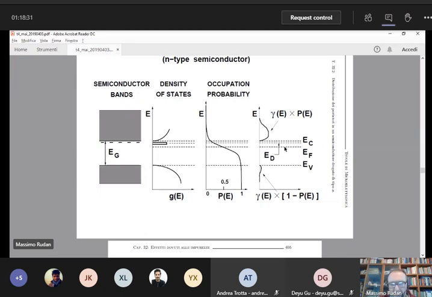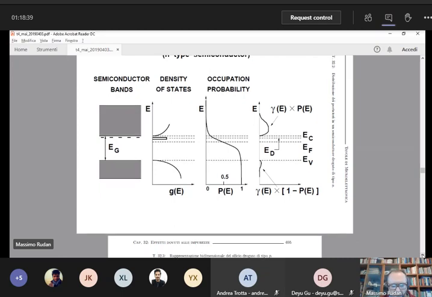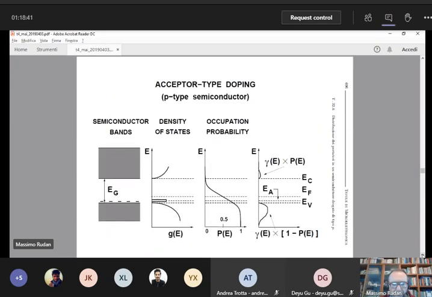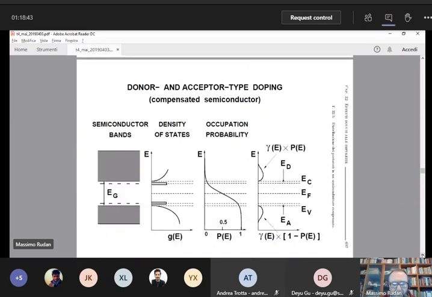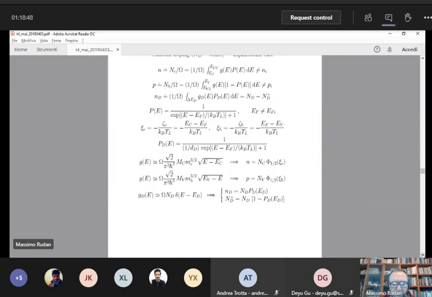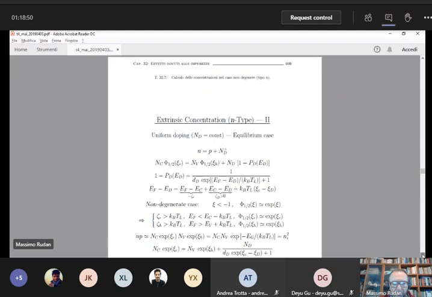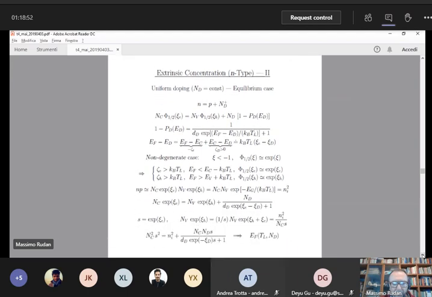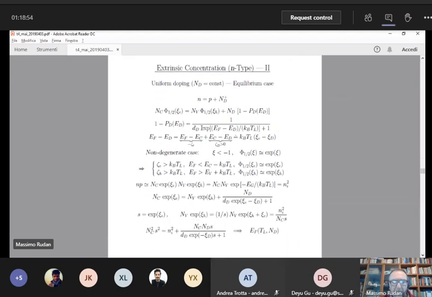So assume that EF is below ED by at least 1 kT, okay? If that happens, you can simplify also the expression of the population or the concentration of ionized donors.